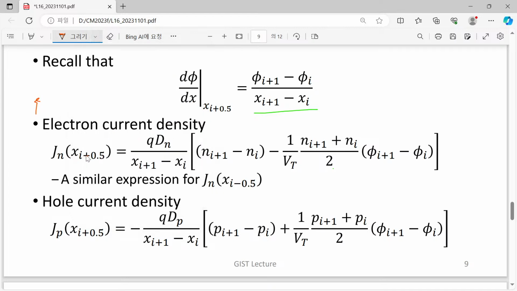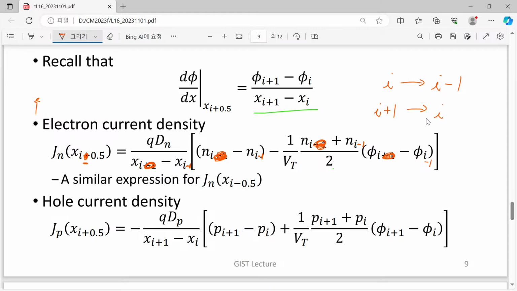For example, if we have a minus sign here, then maybe we have this one, and here we have a minus 1, and of course we must have n_i minus 1, also n_i and n_i minus 1, and we can just shift our index, our subscript i to i minus 1, and our subscript i plus 1 to i.